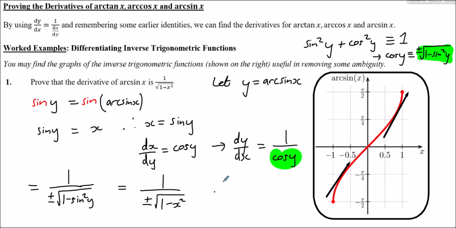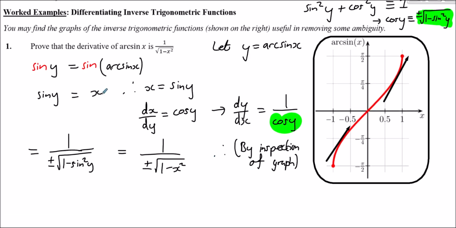So therefore, a bit by inspection of the graph, it must be that dy by dx is 1 over the positive root of 1 minus x squared. So what we were differentiating?